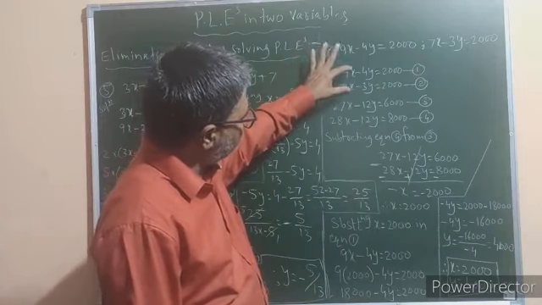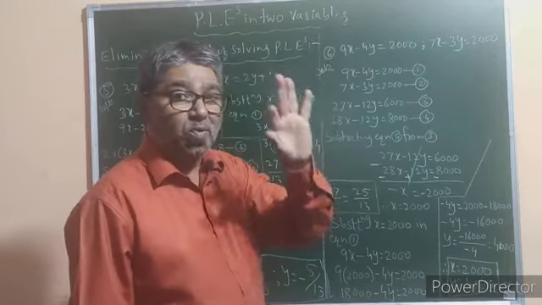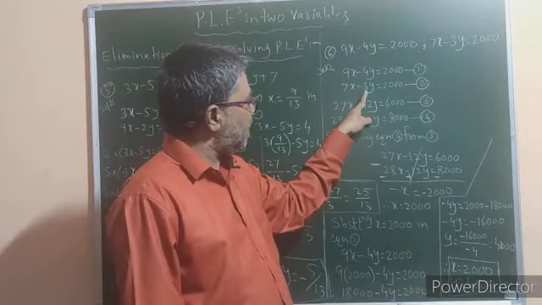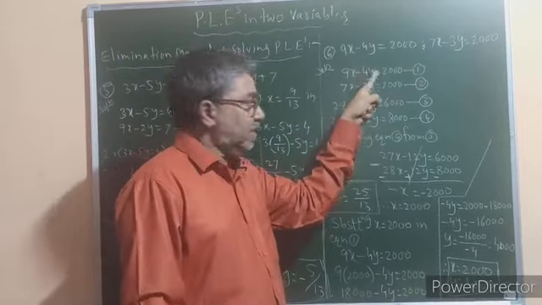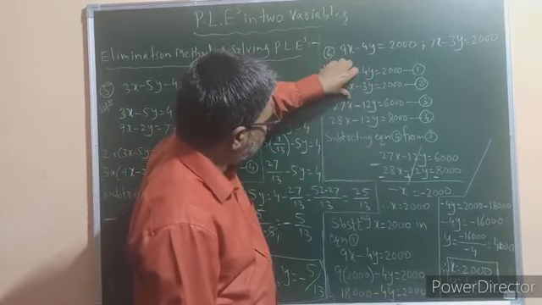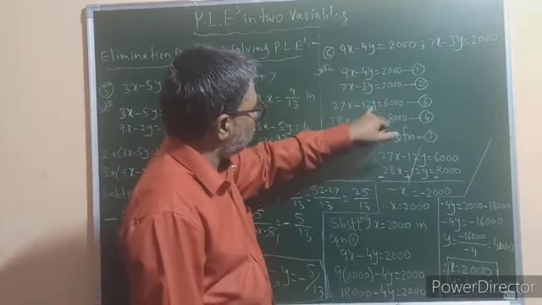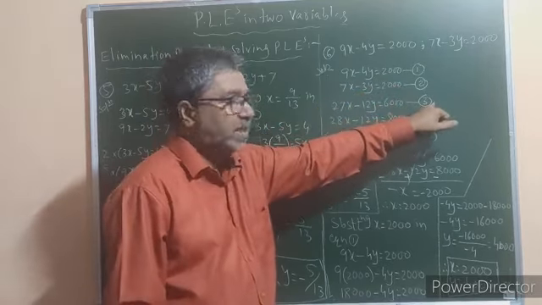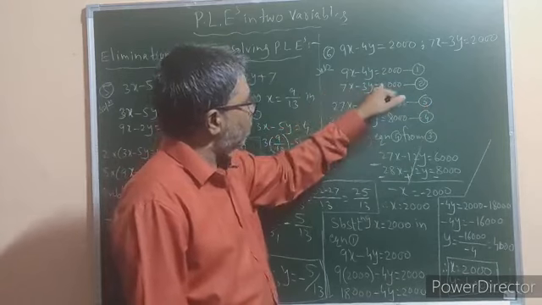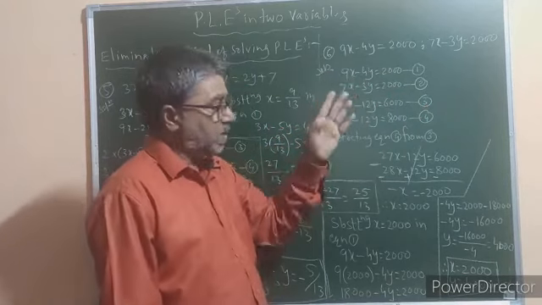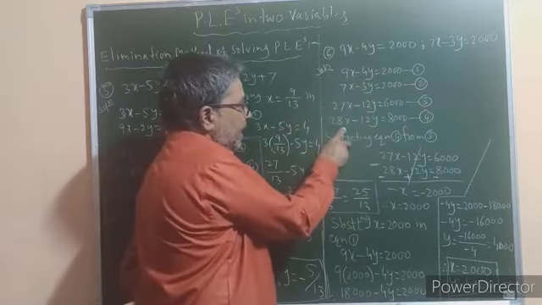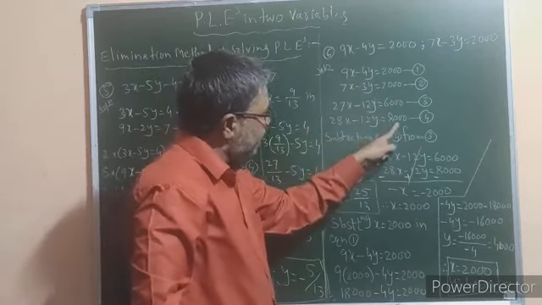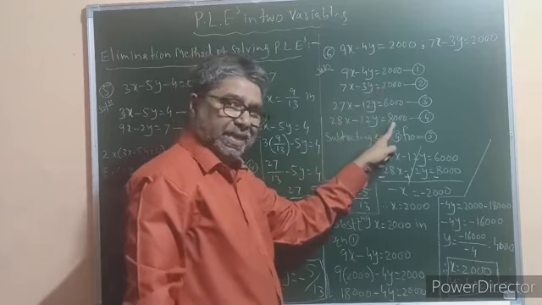Now to make the coefficients of y same or equal, we have to multiply equation 1 by 3 and equation 2 by 4, isn't it? So 3 9s are 27x minus 3 4s are 12y is equal to 3 into 2000 will be 6000, equation number 3. Now multiply equation 2 by 4. 4 7s are 28x minus 4 3s are 12y is equal to 4 2000s are 8000.